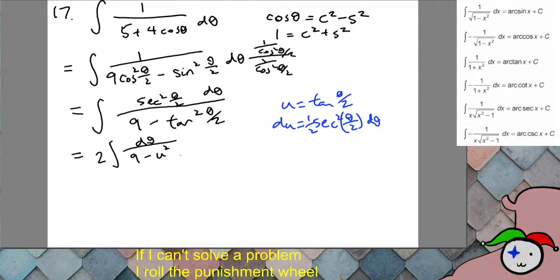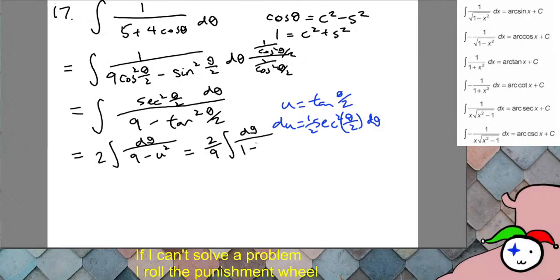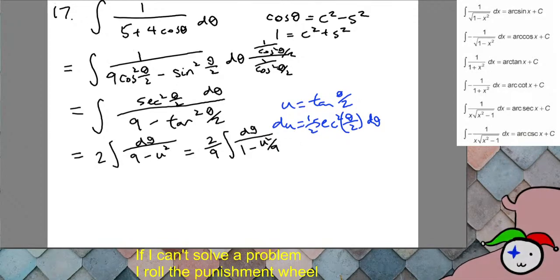I keep forgetting how this actually factorizes, but if we take the 9 out, then you have 1 over 1 minus u squared over 9, which you can then say, these should be du by the way.